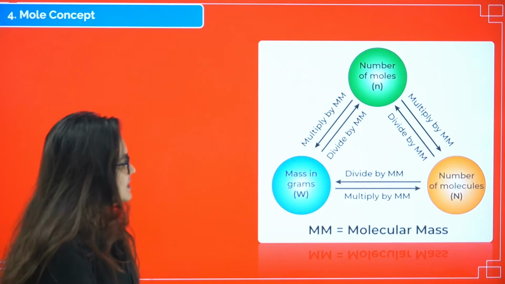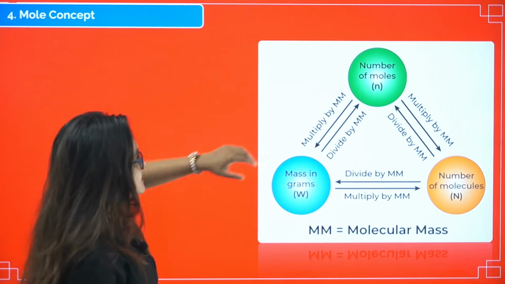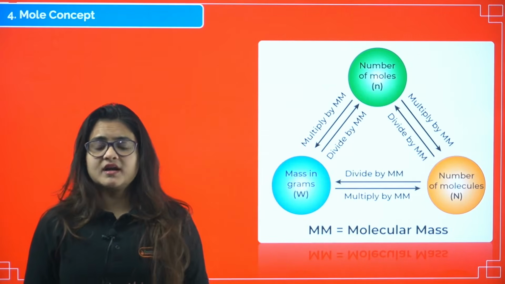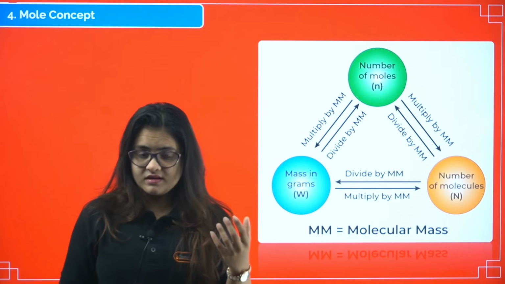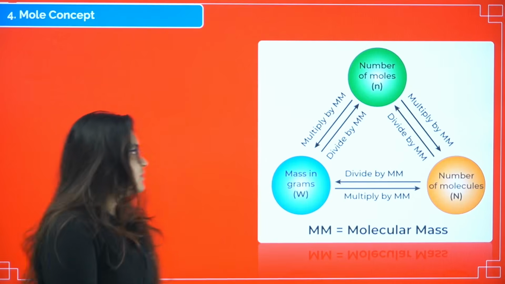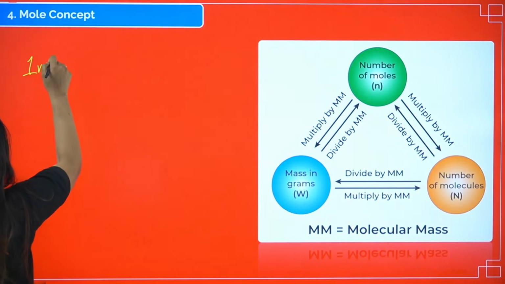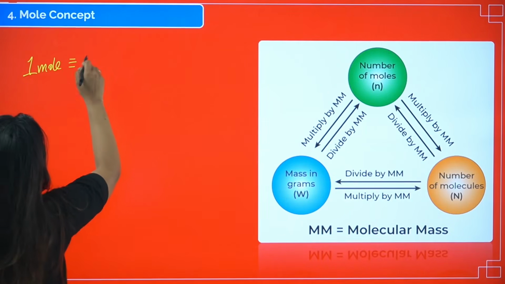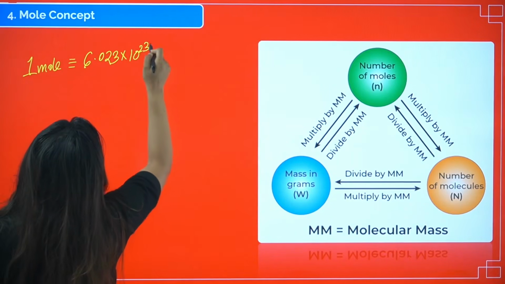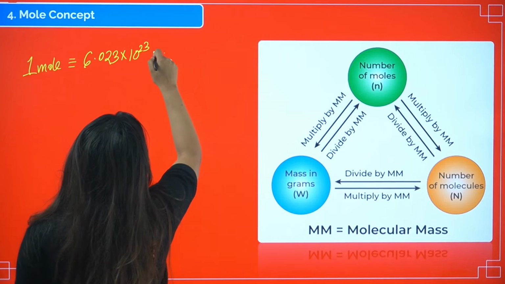Here you can see a kind of brain map. If I want to find the number of moles, how should I get it? If the mass is given and they ask for the number of moles, first let me write one thing. One mole indicates 6.023 into 10 power 23 molecules or particles.